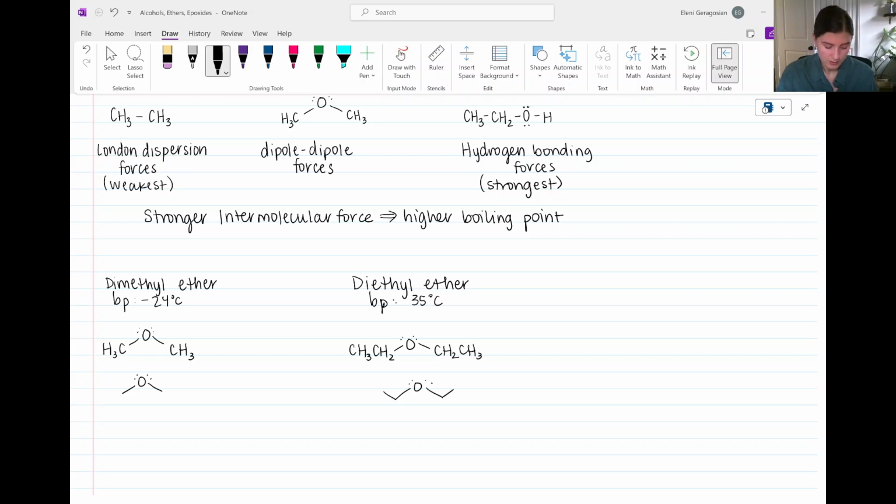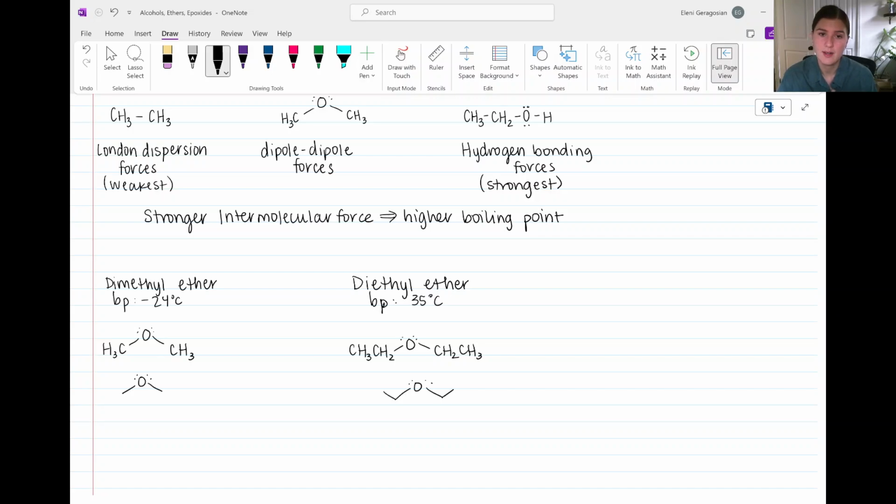So now let's think about this: we have the same type of intermolecular forces within dimethyl ether and diethyl ether, but diethyl ether has a much higher boiling point. This is a result of really two factors.